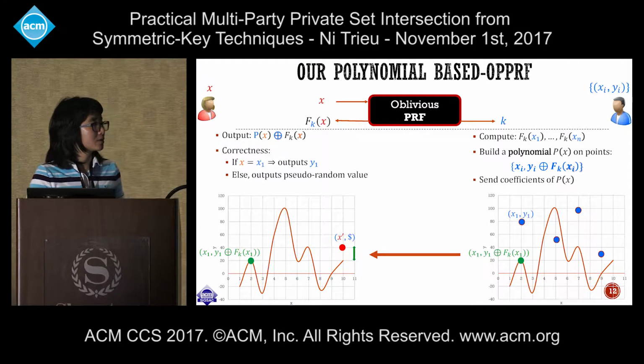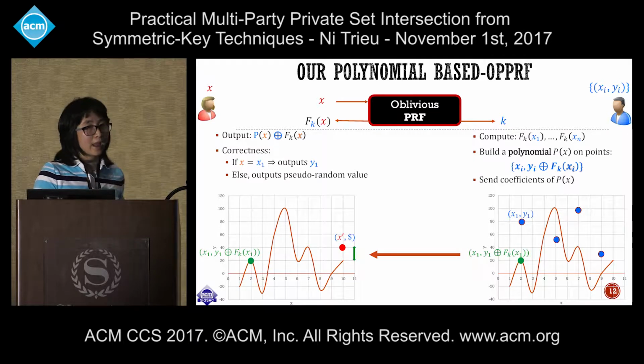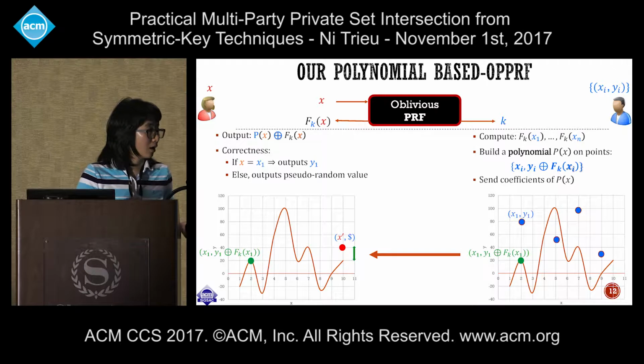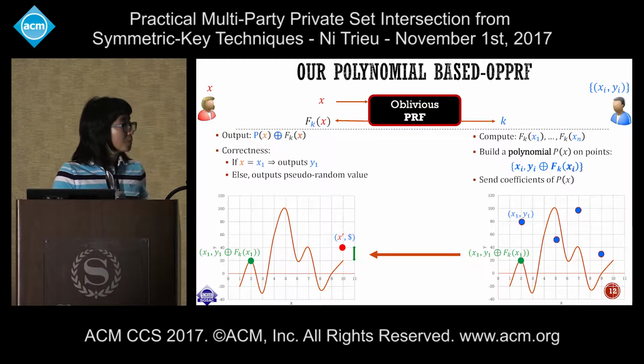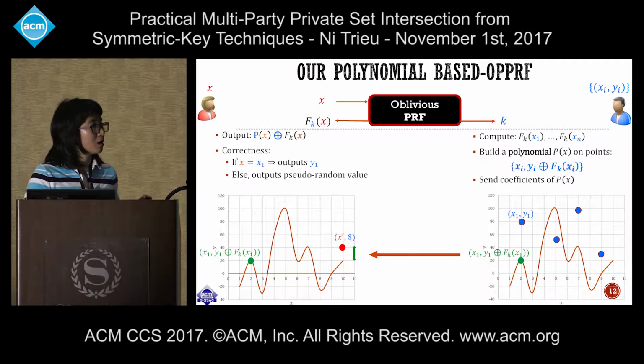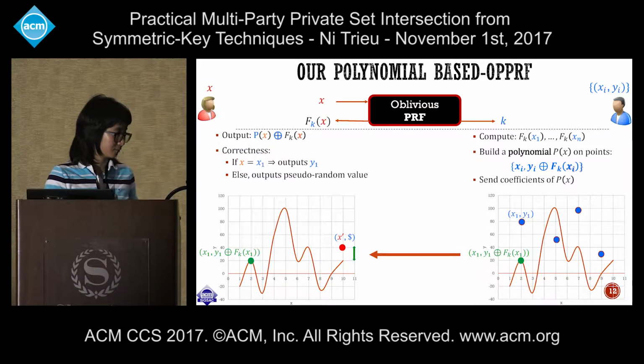Then he builds a polynomial p of x on the points si and yi XOR f of si. You can see a green point here: this is s1 and y1 XOR f of s1. Now Bob sends the polynomial to Alice, and Alice outputs p of x XOR f of x.